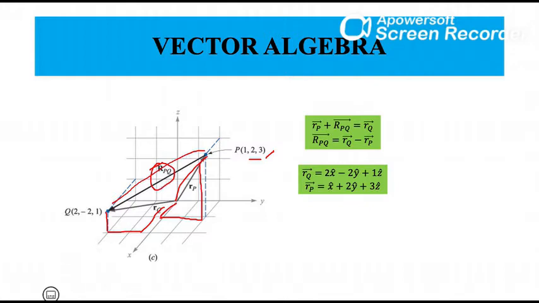So I know that this vector r_p plus this vector r_pq is equal to vector r_q.